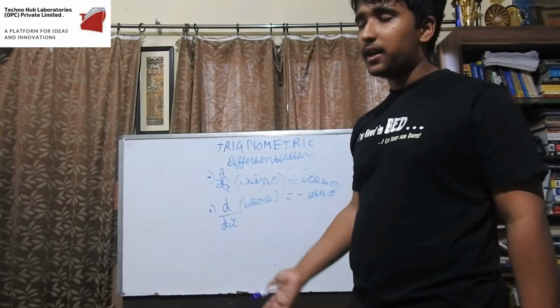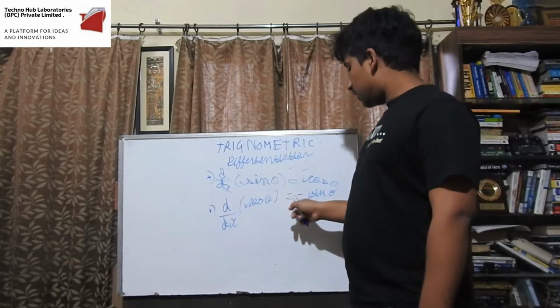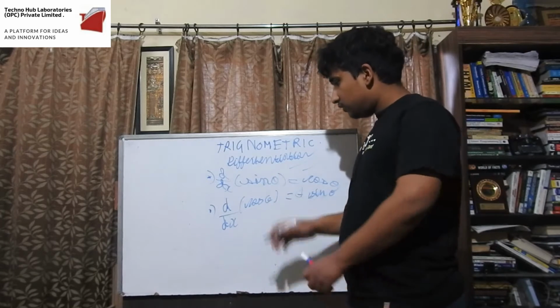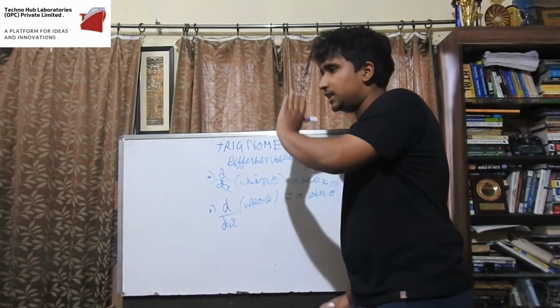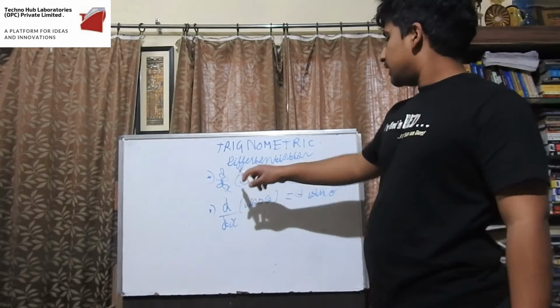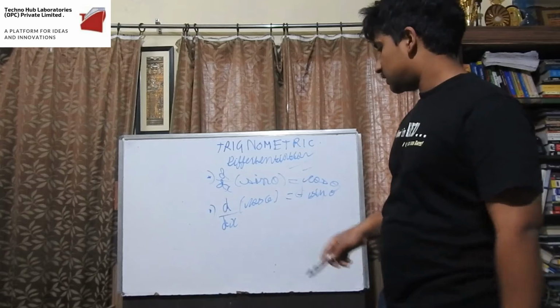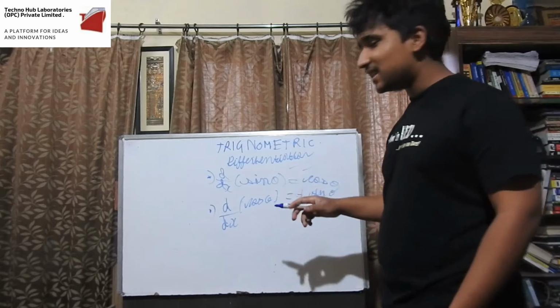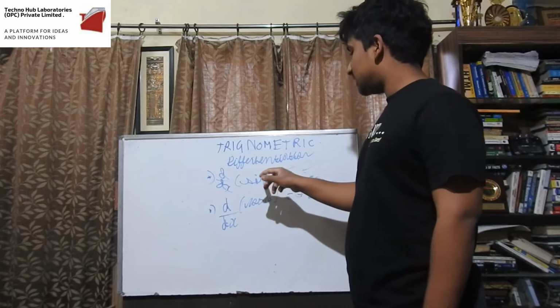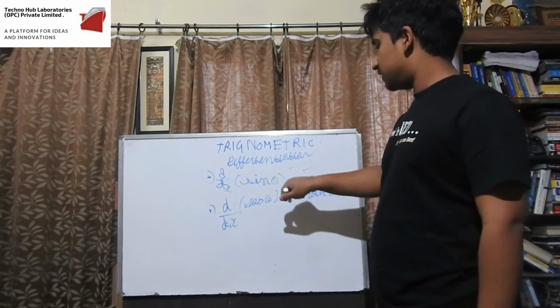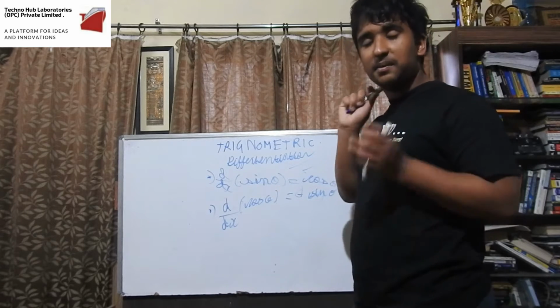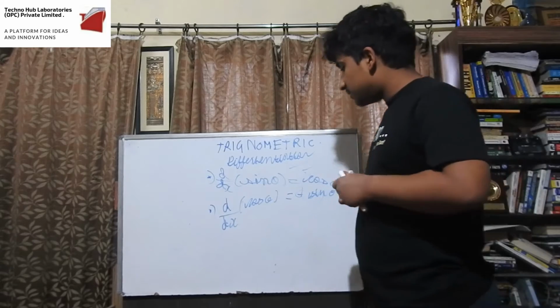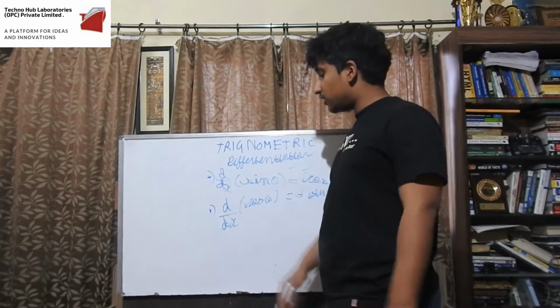For now we need to know this basic trigonometric differentiation. So d by dx, the derivative of sin x is cos x, and the derivative of cos x is minus sin x. Don't mismatch them or compare these two, otherwise it will be wrong. So this is for sin theta and cos theta.